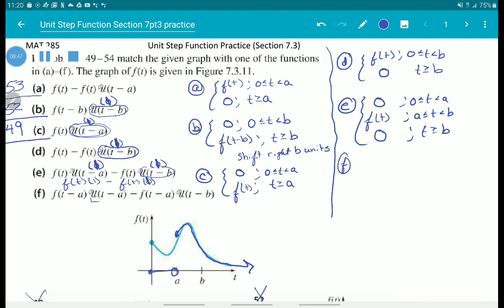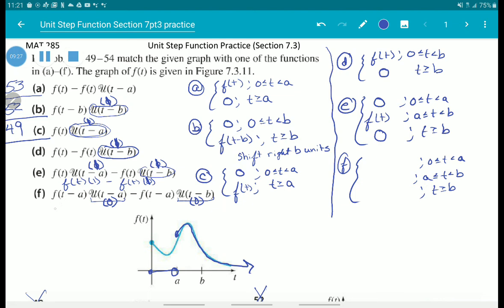So once again, we're going to have 3 pieces because we have a piece that's going to flip on at A and a piece that's going to flip on at B. So if we were to draw this out, we have a piece that's going to live between 0 and A, one that's going to live between A and B, and then one that's going to exist past B. In the beginning, this guy is going to take on a value of 0 between 0 and A. So is this one.